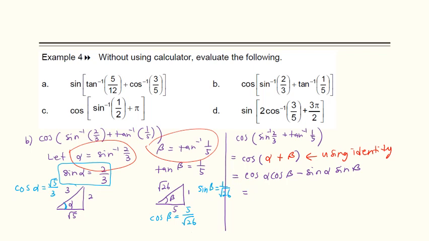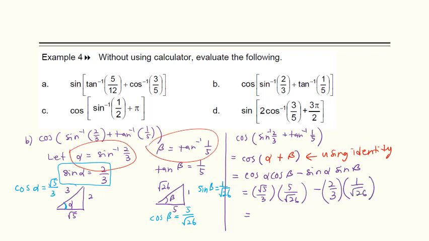Cos alpha square root 5 over 3 times cos beta 5 over square root 26 minus sin alpha 2 over 3 times sin beta 1 over square root 26.